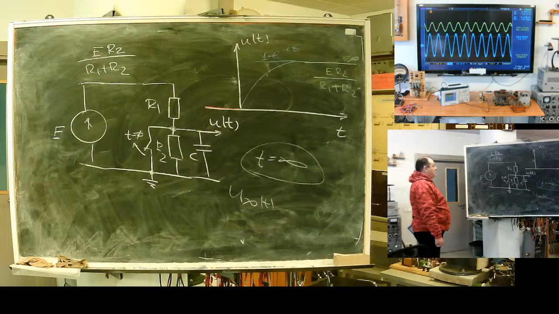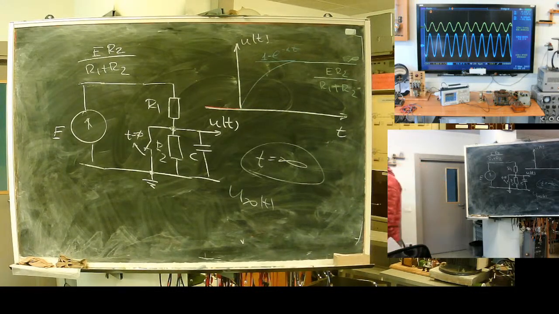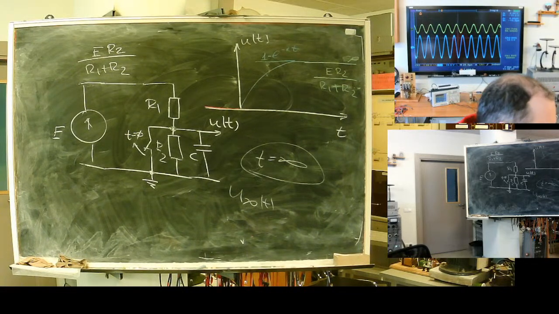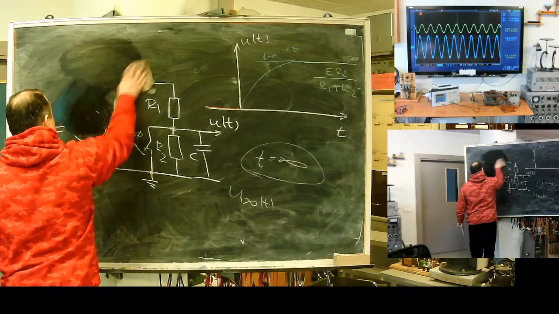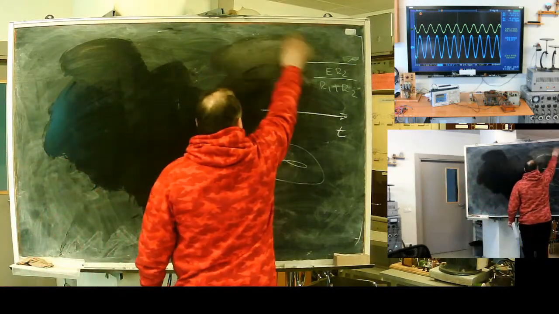Here is a free component. So the idea of transient is to separate free components, the transient itself, and the enforced or infinite time mode component. In our case, the infinite regime is very simple.